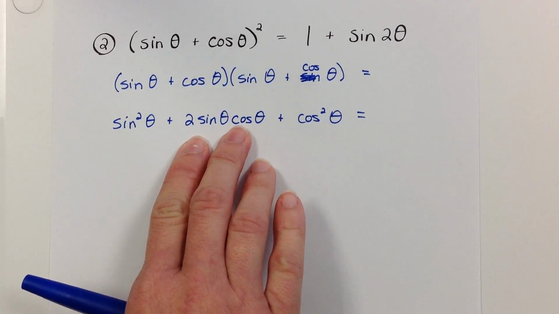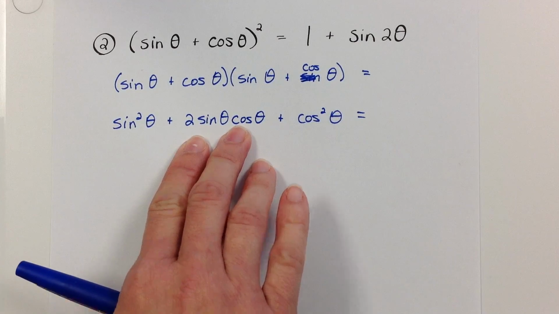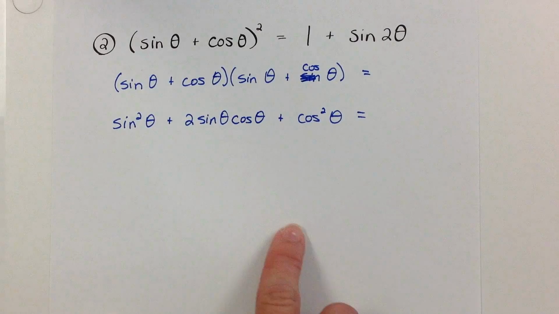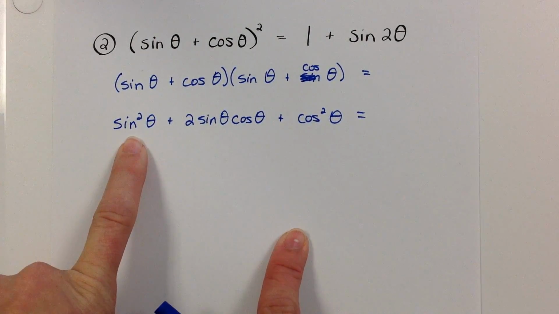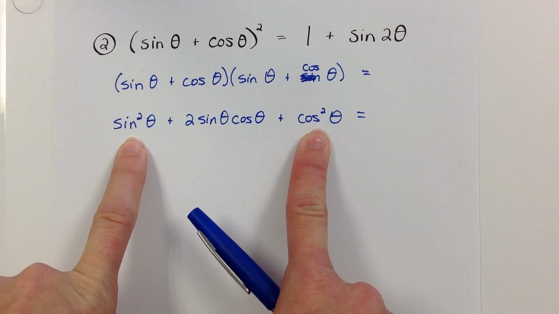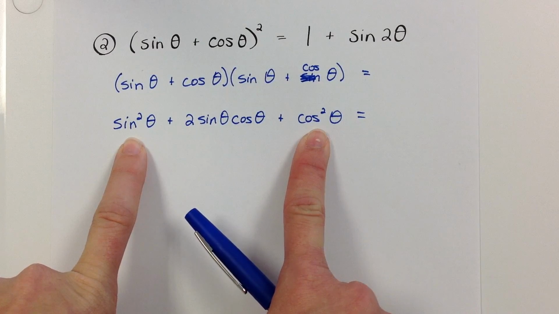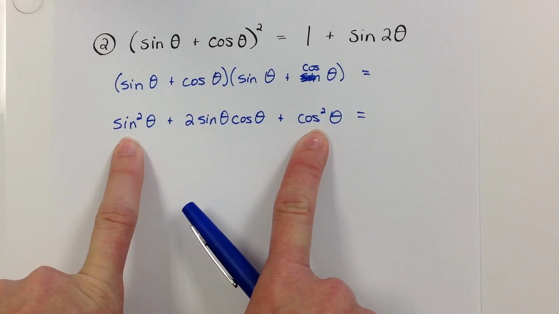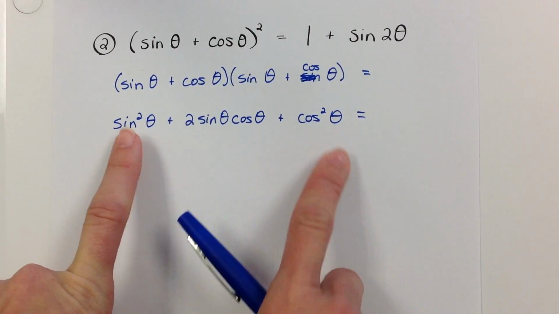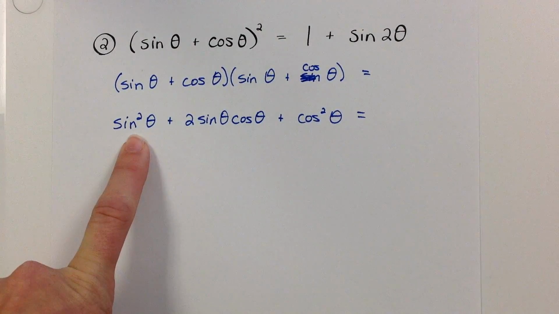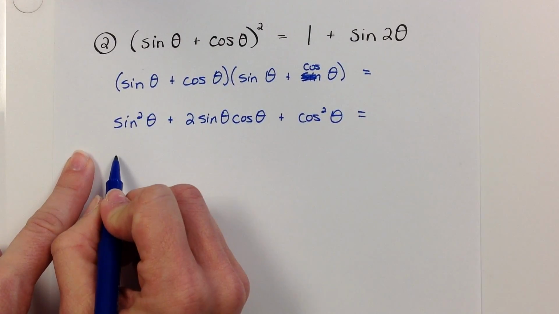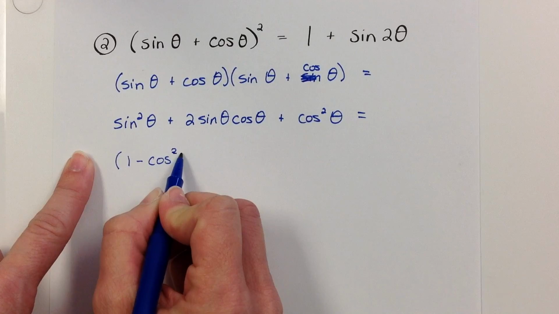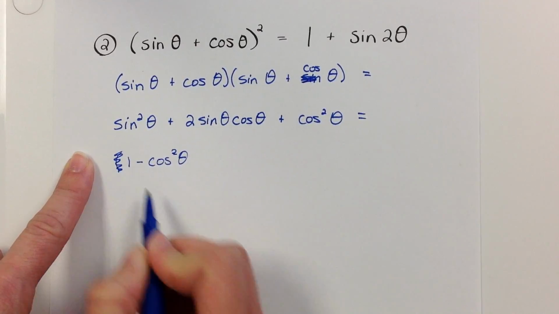Okay. Now, the next step that you're going to want to take, and actually you could do it 2 different ways. You can either substitute here or substitute here using your Pythagorean identity that we had learned previously. And so it doesn't matter which one. I'll just take this one. So I'm going to replace the sine squared with 1 minus cosine squared. I actually don't need the parentheses.